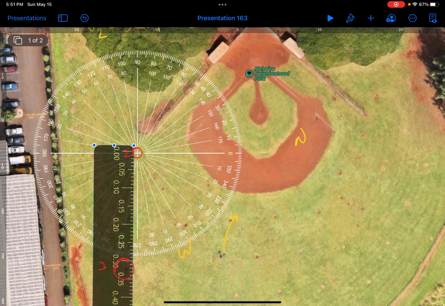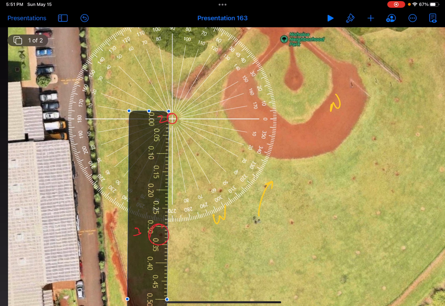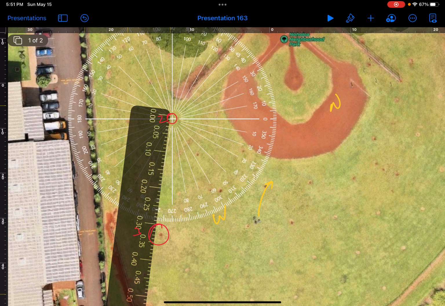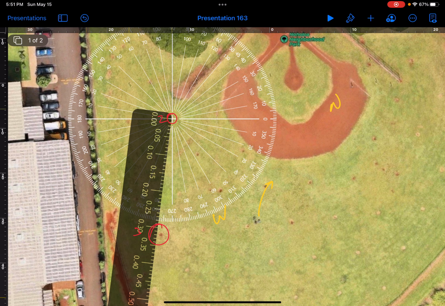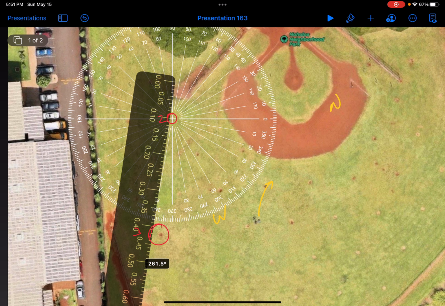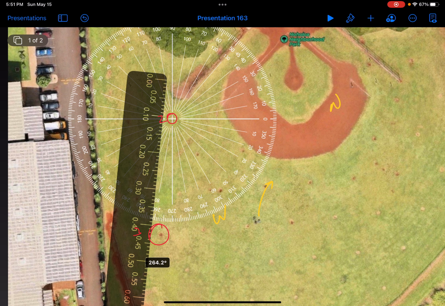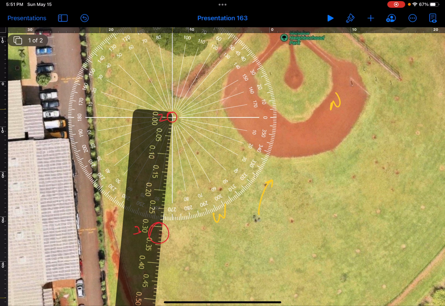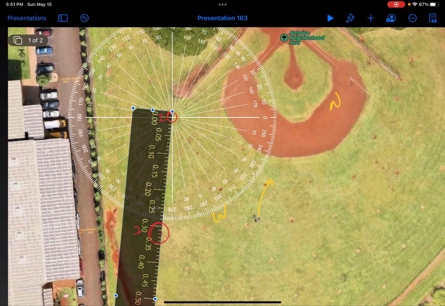But let's kind of do this. All right, I'm going to try to get my 0 at the origin right there, and I need to tilt it a little bit more. Sometimes it tries to snap to a certain direction. I think it's pretty good right there. All right, right in the very center of that circle is my third sprinkler head.